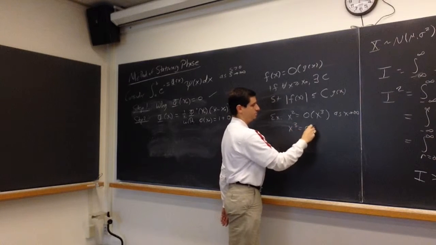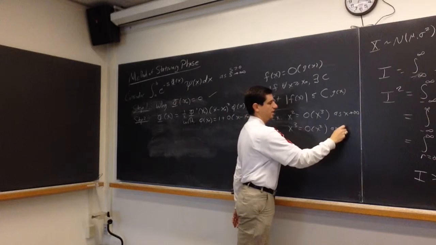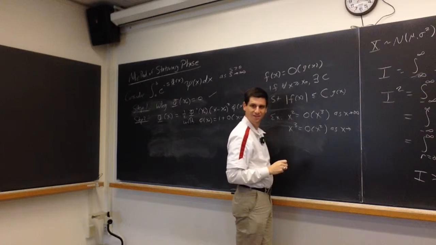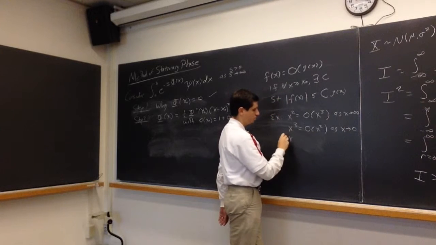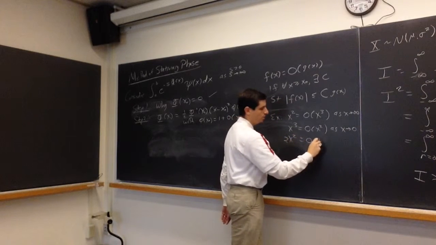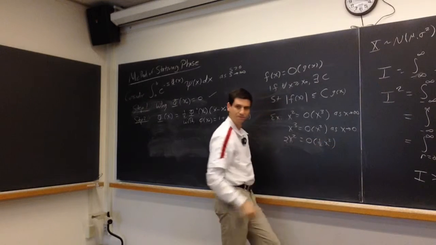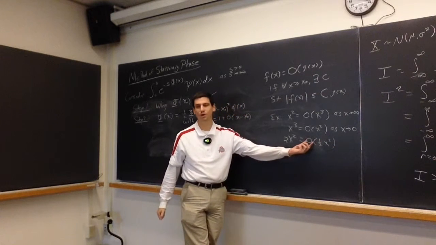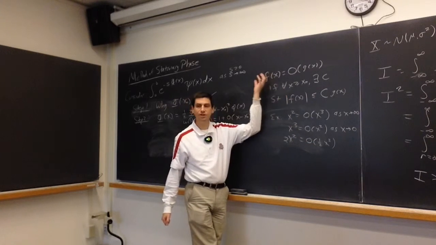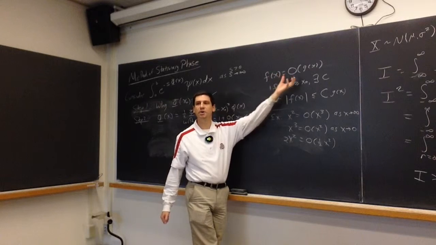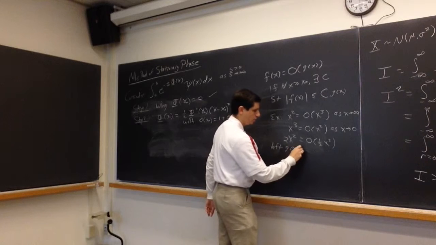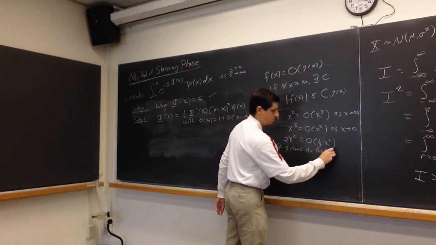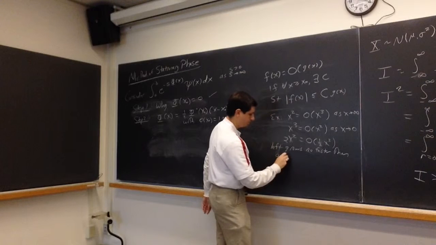X cubed is big O of x squared as x goes to 0. 2x squared is big O of 1/2 x squared, and if you just take the constant to be 4, you'll be fine. So it basically means that the quantity on the left grows no faster than a multiple of the quantity on the right.